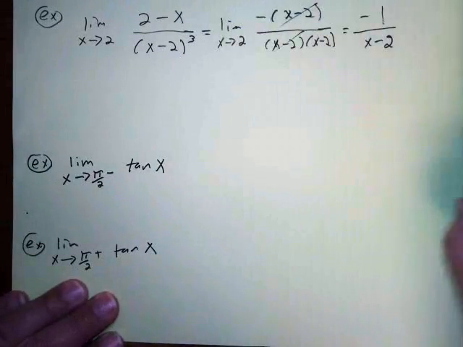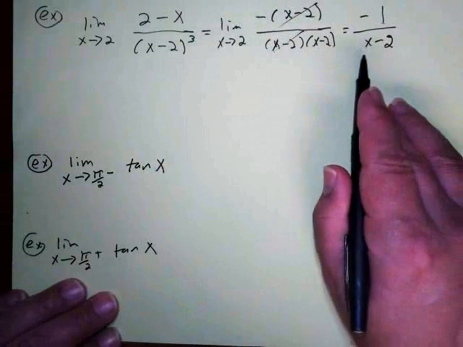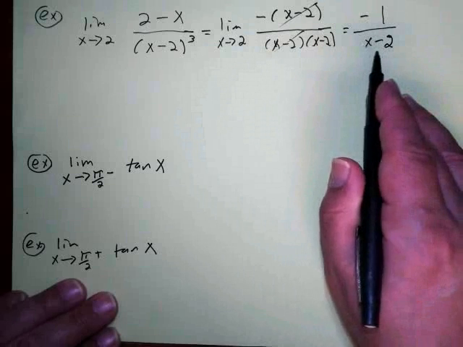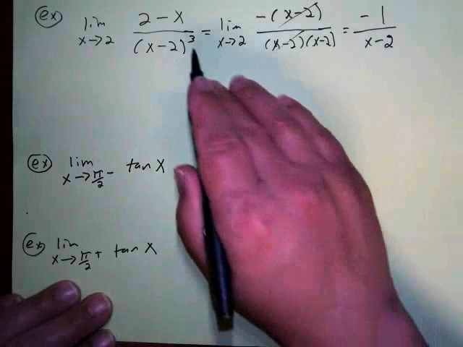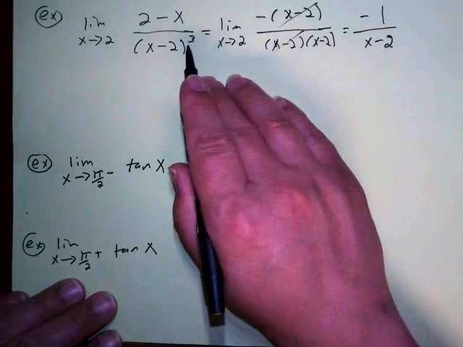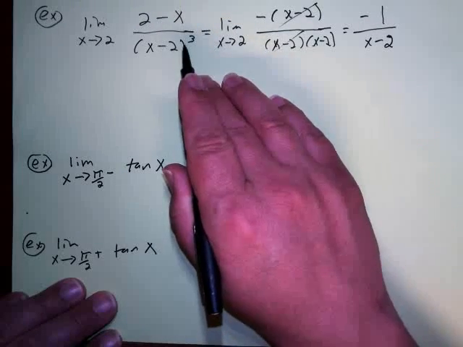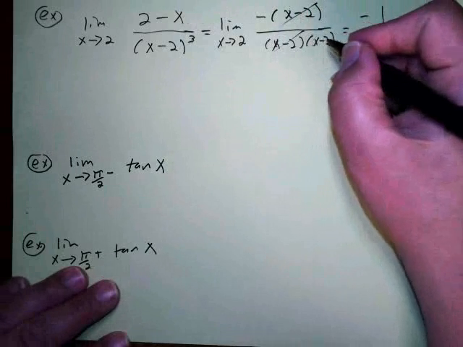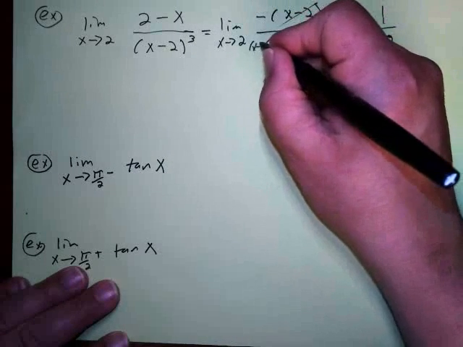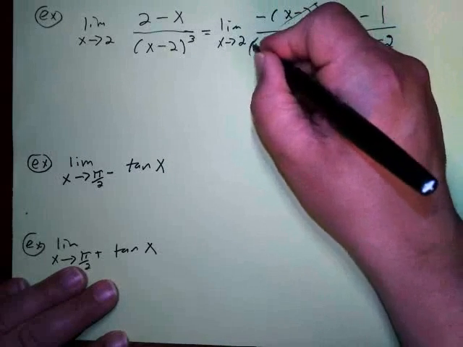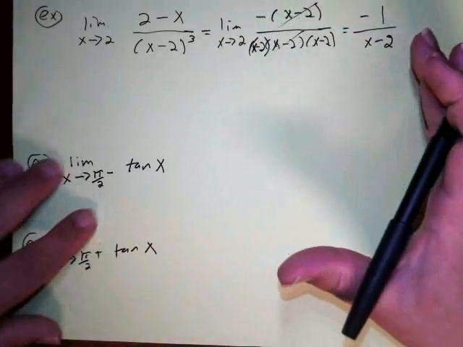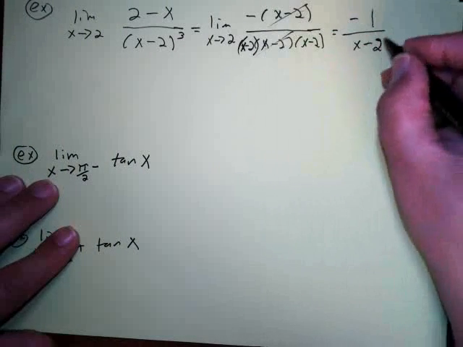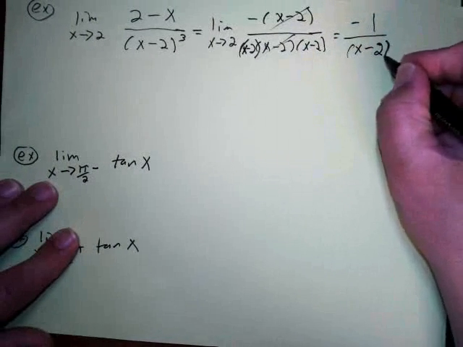I was going to say, as you go to 2 from the positive side, this will be a negative, that'll be positive. And as you go from the negative side, oh, is this a cubed? Ah, sorry, this is a cubed. I was confused, because there should be another x minus 2 here. That's a cubed. I was thinking that this limit was going to exist. And it is, because this will cancel out one of those, then you're still left with the square here.